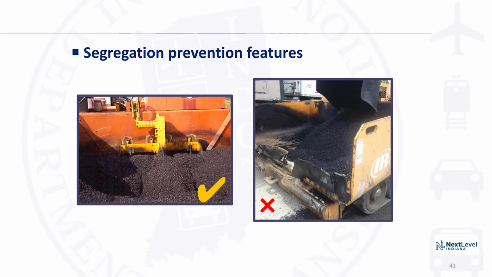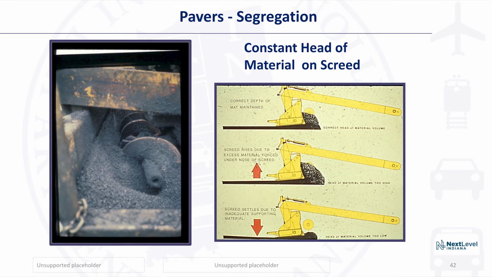You know, keeping enough material in that hopper, not constantly letting it run out. Keeping a constant head of material on the screed. And I know a lot of you guys probably heard this before, but sometimes you got to say the basics again. But keeping that material constant can also help with a consistent mat.